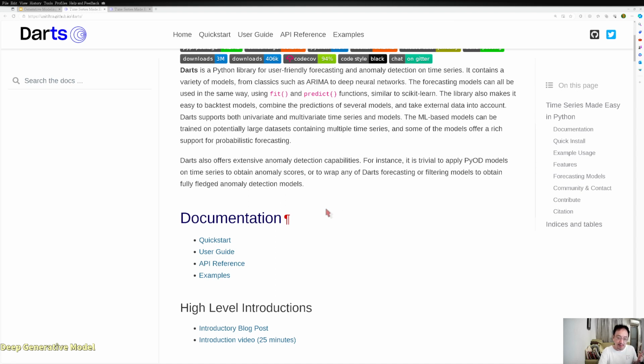The main data pipeline uses a data structure called the time series. So that's why I say that if your problem is a typical time series problem, then it would be very suitable and very convenient to use this framework, this library.